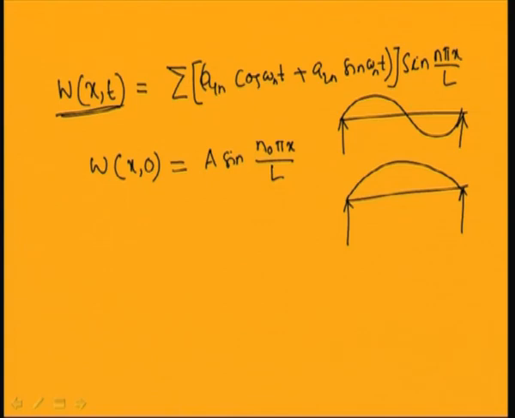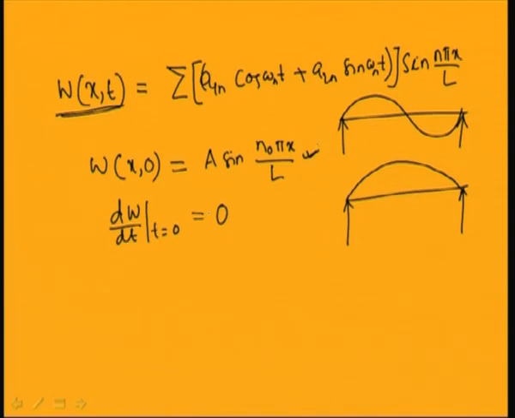Let for a particular mode, that is n0, the beam be vibrating at t equal to 0 with this mode, and the slope is 0, that means dw by dt at t equal to 0, that is the velocity, is 0. So at the beginning it vibrates with a particular mode, n0.